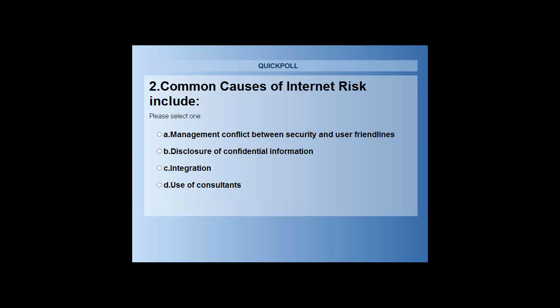And common causes of internet risk include management conflict between accuracy and user-friendliness, between security and user-friendliness, disclosure of confidential information, integration, or the use of consultants. Now remember, we're not looking for what is the risk, we're looking for what is the cause of the risk.